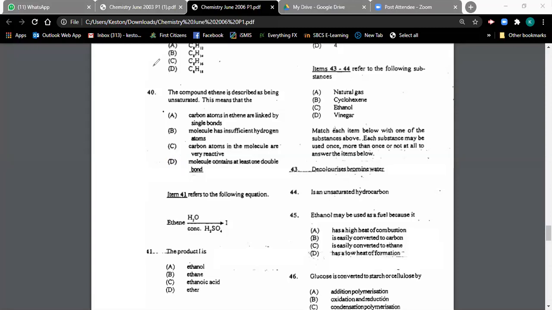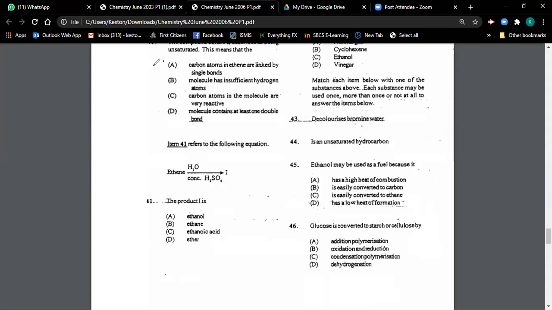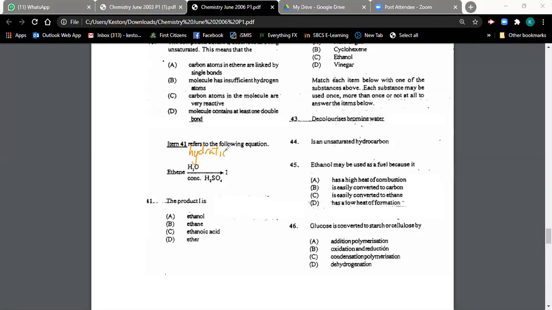41. What is the product if I take ethene and I use water and concentrated sulfuric acid? What are we trying to go to? Remember we went from alcohol to alkene just now and they said it was dehydration.